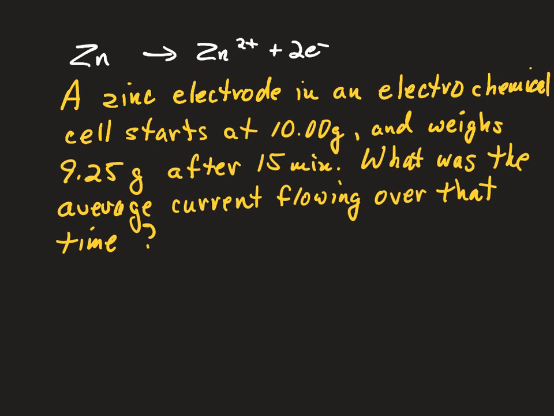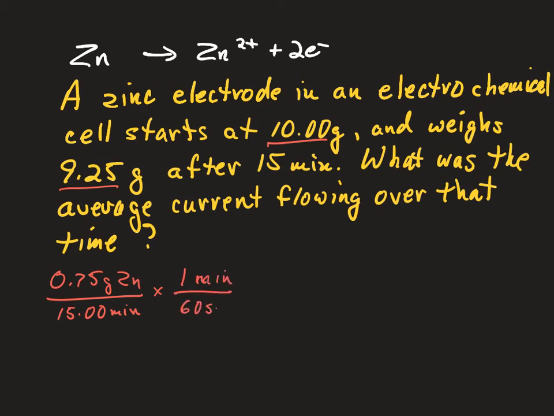Okay, I hope you've paused and looked at this to see if you can solve it yourself before I do it. But if we take our 0.75 grams of zinc lost, the difference between this, that was lost in 15 minutes, and we know that 1 minute is 60 seconds. That gets us seconds in the denominator. You know that 1 mole of zinc is 65.41 grams of zinc.